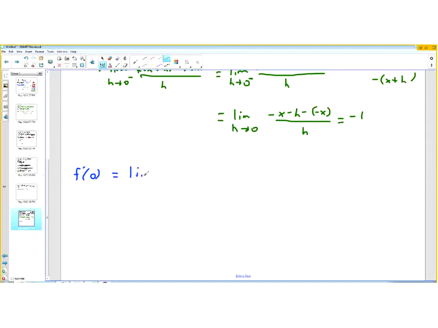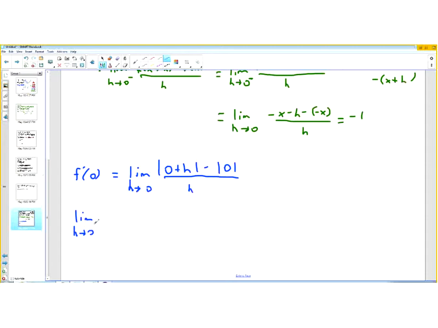That would be the limit as h approaches 0 of the absolute value of 0 plus h minus the absolute value of 0, divided by h. In order to evaluate this limit, we'll have to do it based on left and right limits. We can't do it directly.